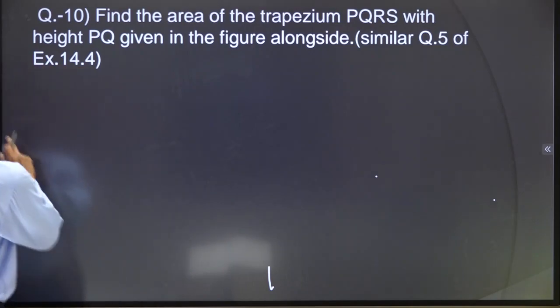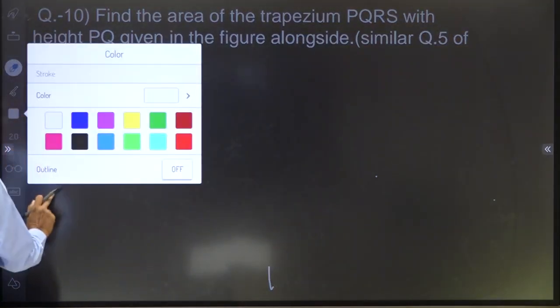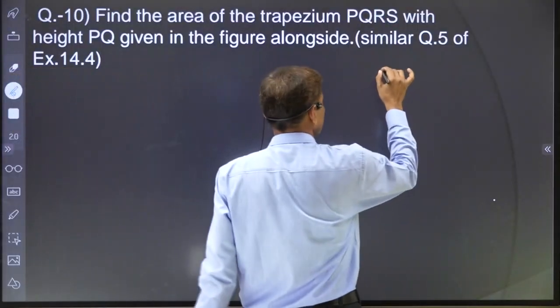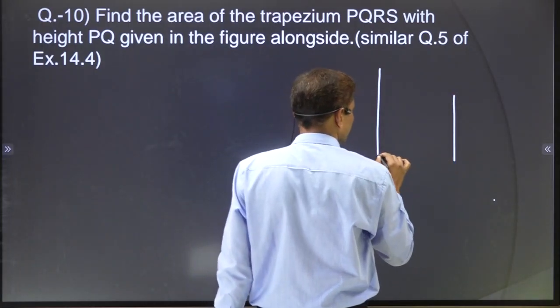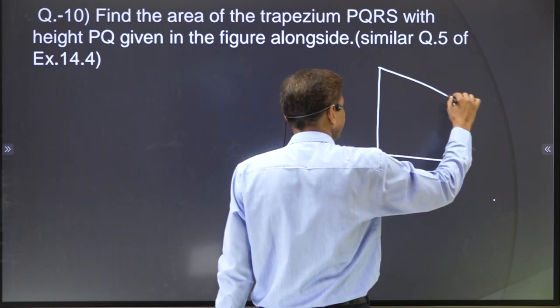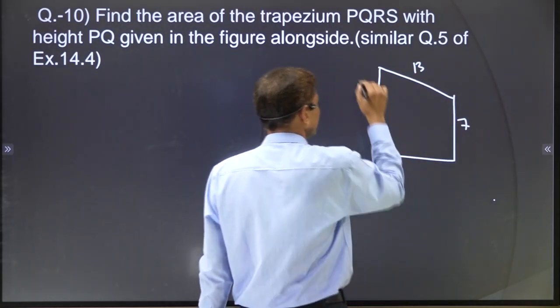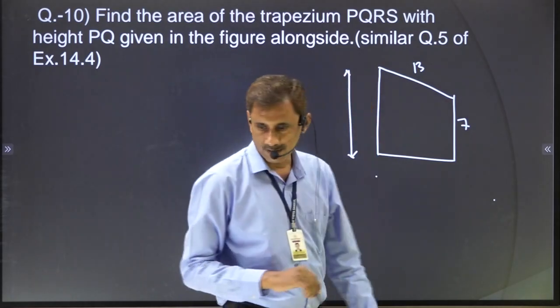Okay, we have to draw it again because it has gone. So this is one side, this is the other one, this is the trapezium. It is given 13, this is 7, this whole side is 12.